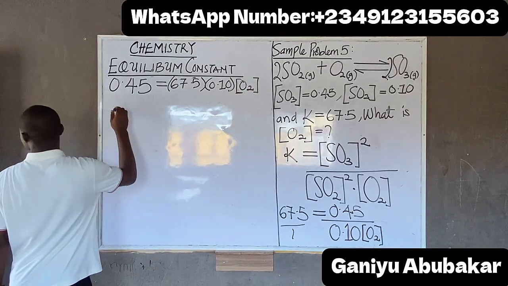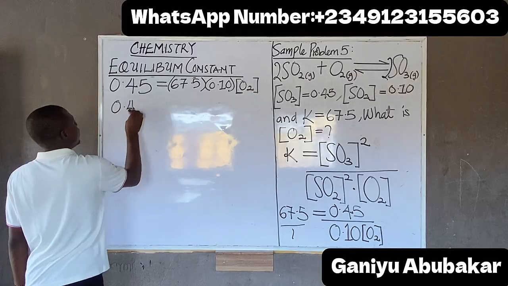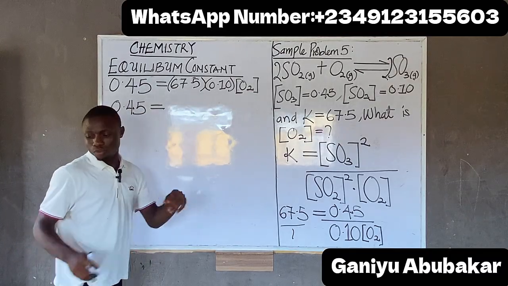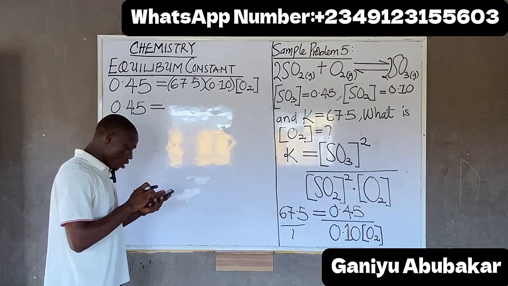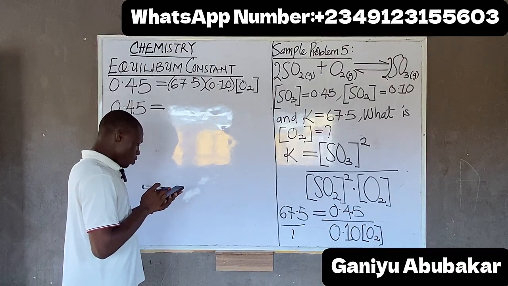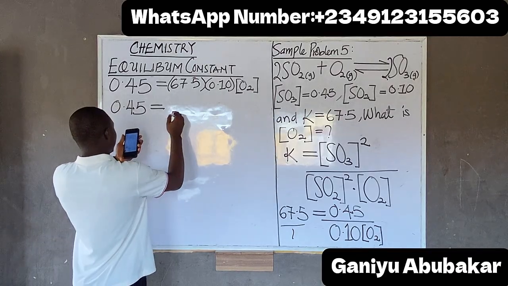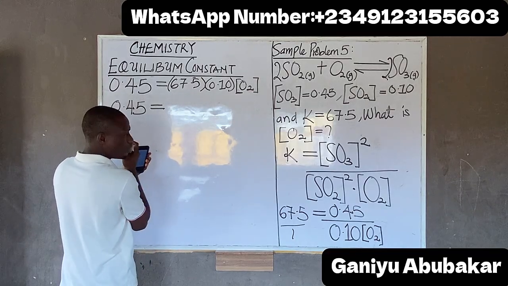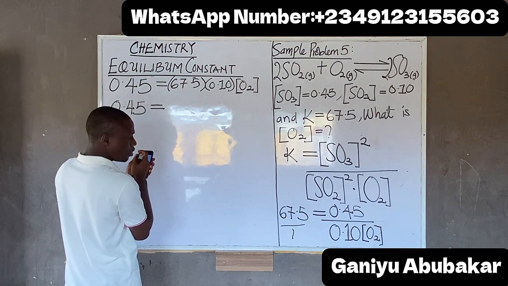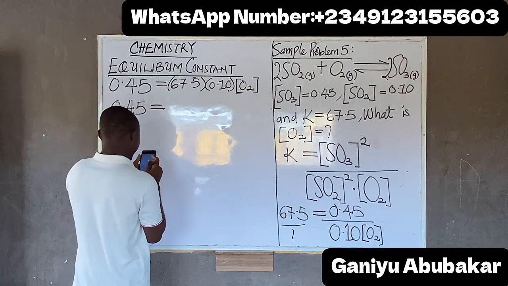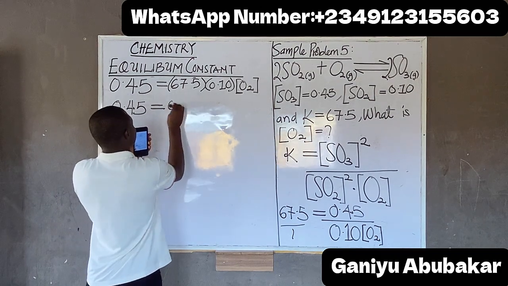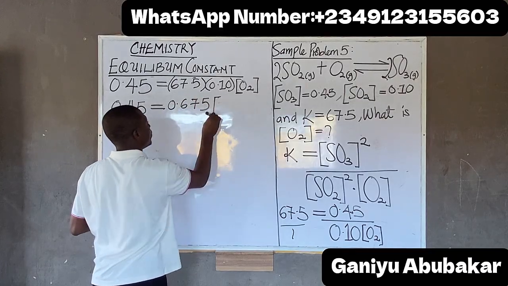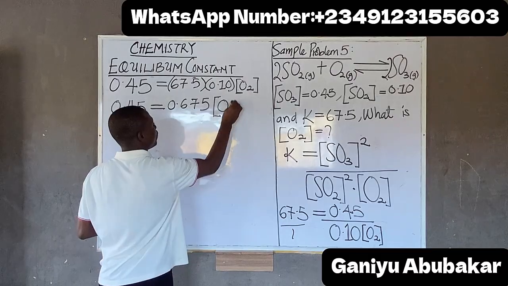This gives you 0.45 to be equal to, multiply this together. What do I get? Calculator. That will give about 0.675, then my oxygen concentration I'm looking for.